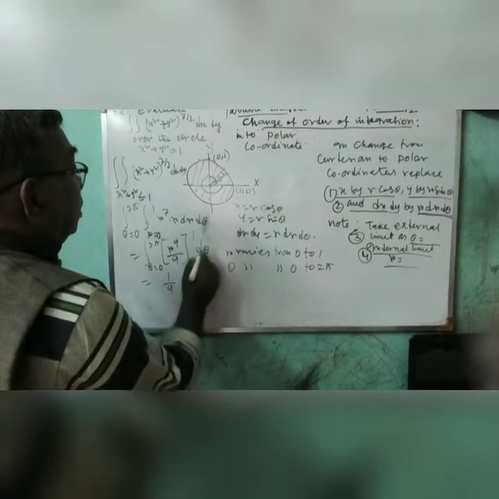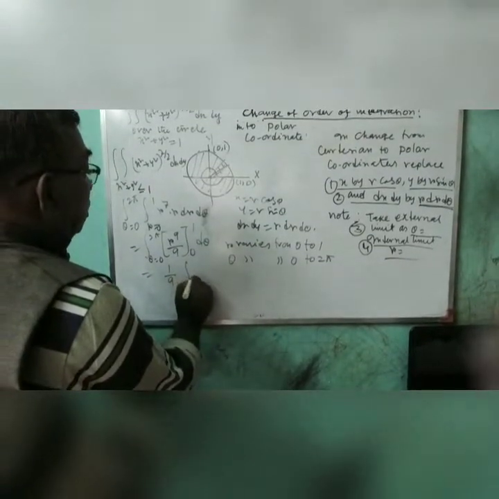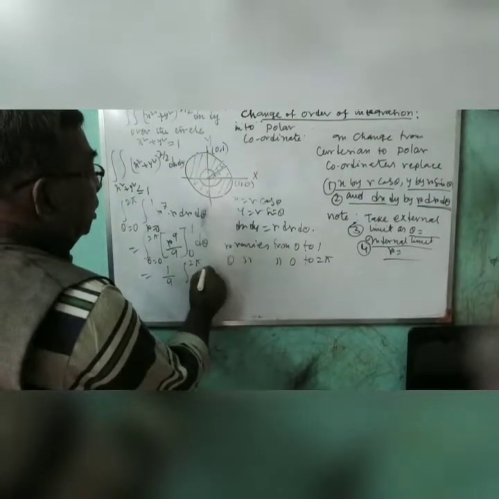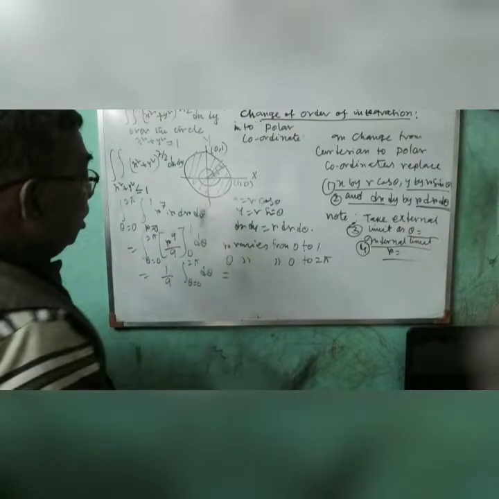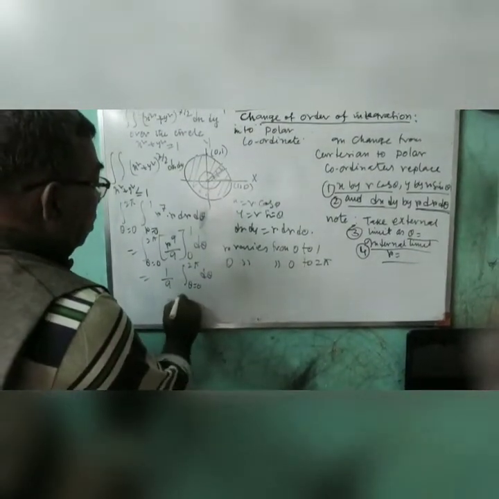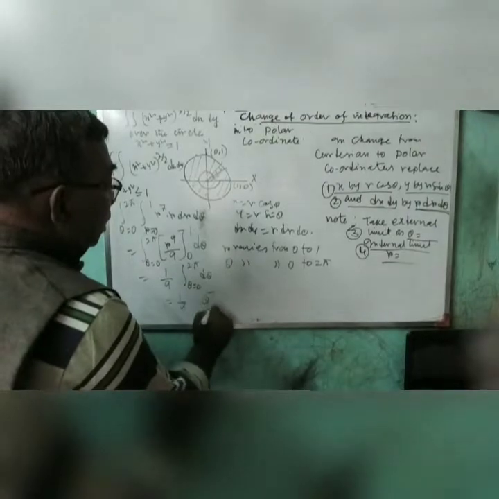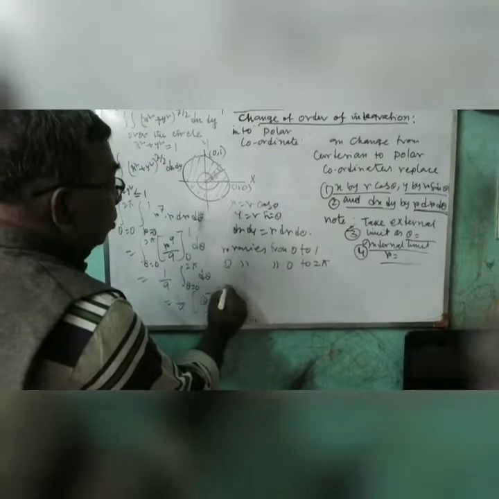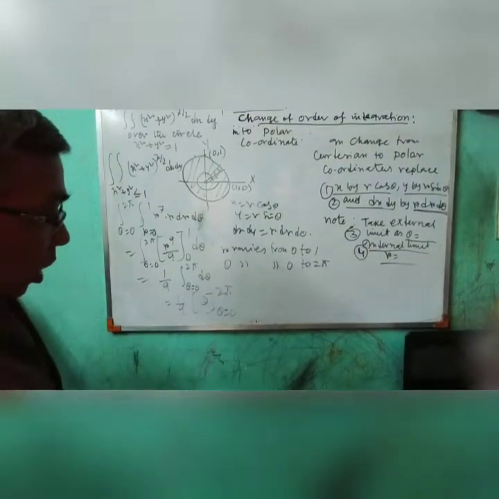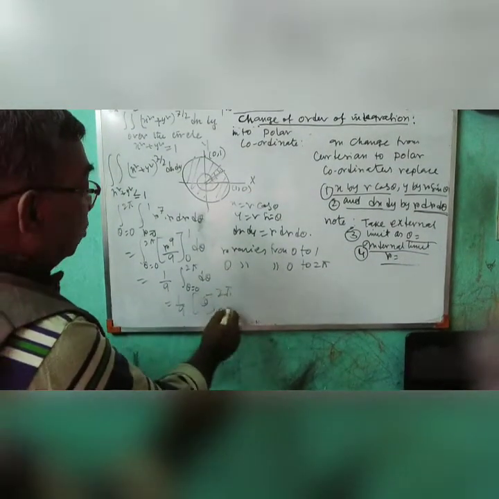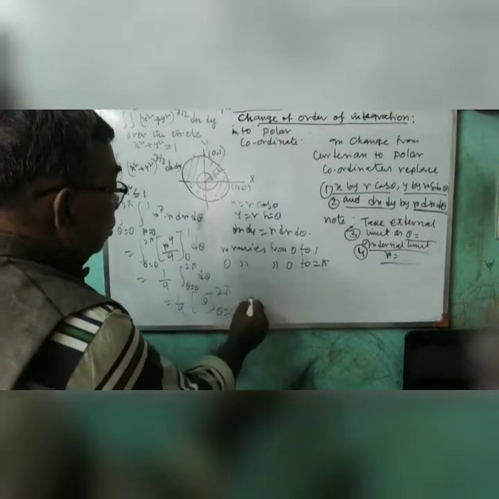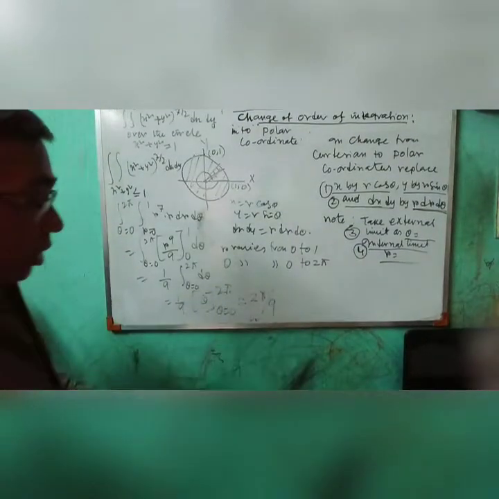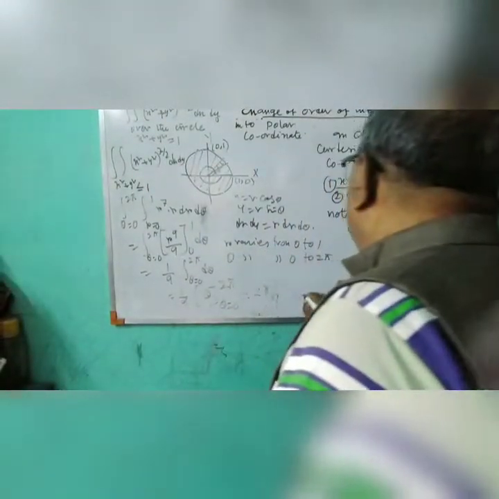Now the integration of d theta over 0 to 2 pi is theta, so I can write 1 by 9 theta, with theta from 0 to 2 pi. Now upper limit minus lower limit is 2 pi, so the answer is 2 pi by 9. This is the answer.